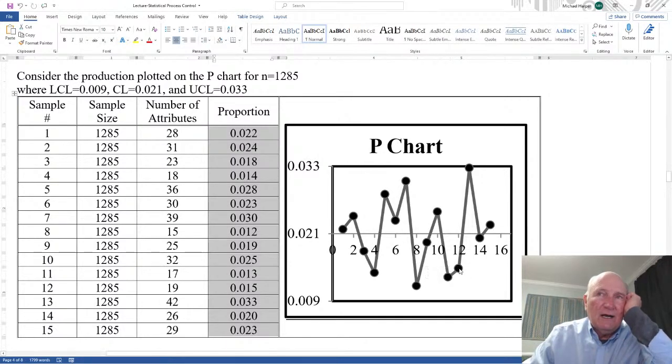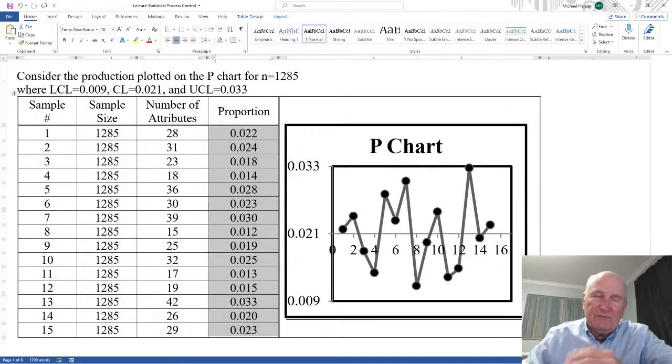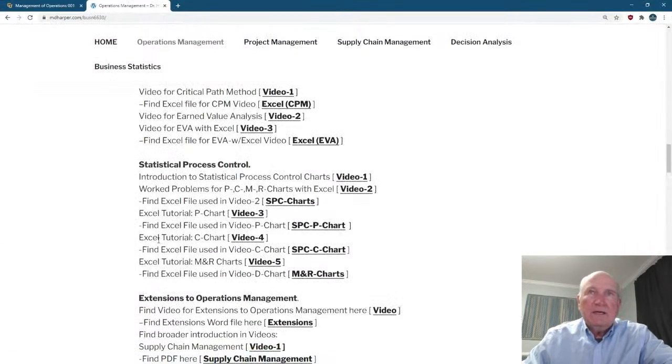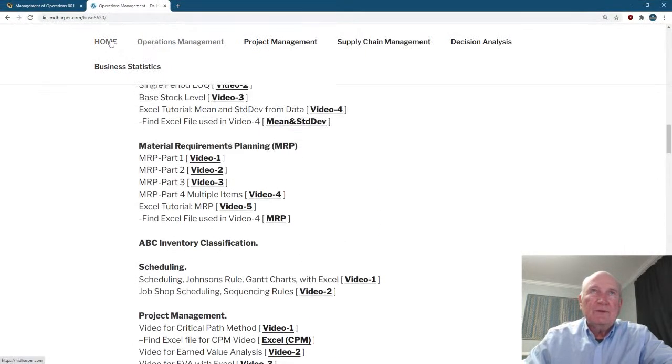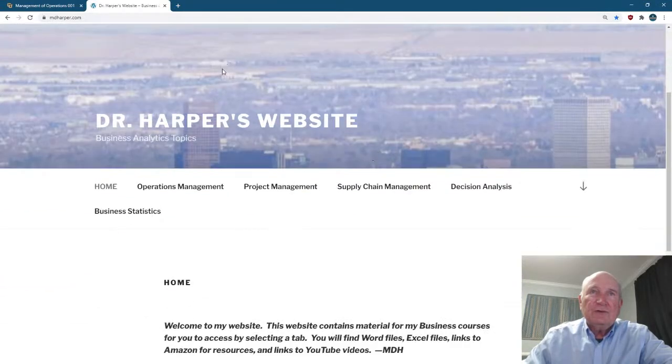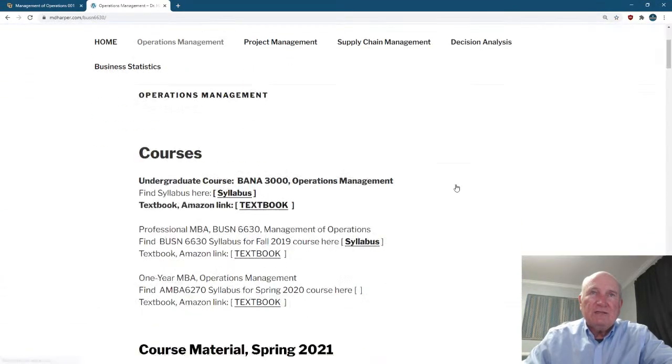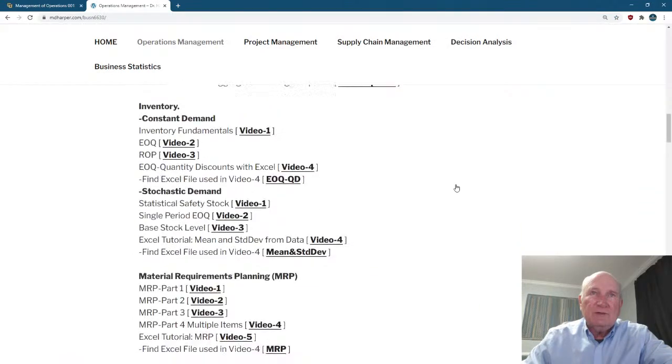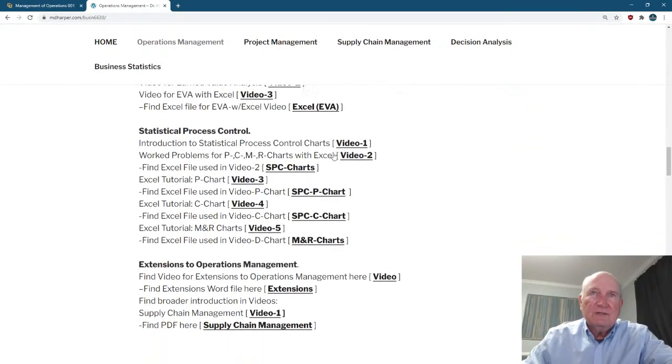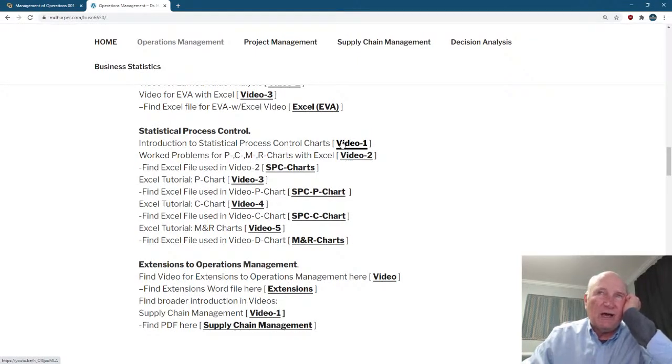Now, we're not going to get into that in this course. But I urge you, when you leave here, you should know this. I urge you, if you go back to the home page, to the website, Operations Management, and come down here to Statistical Process Control Charts, please watch video 1, because video 1 talks a lot about how this is used.